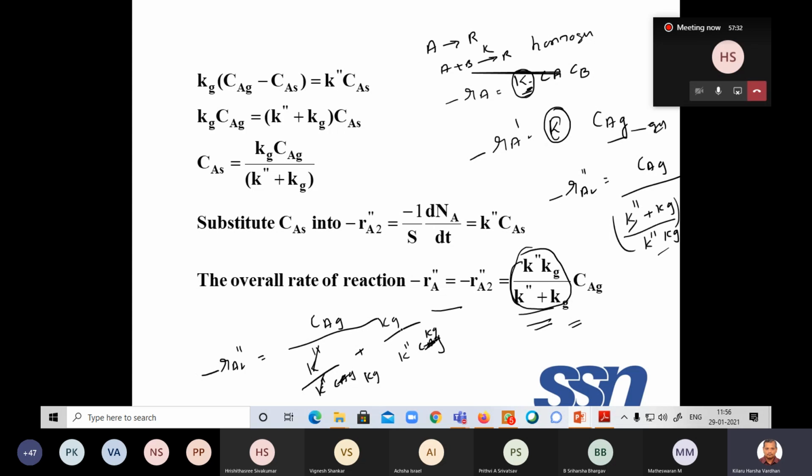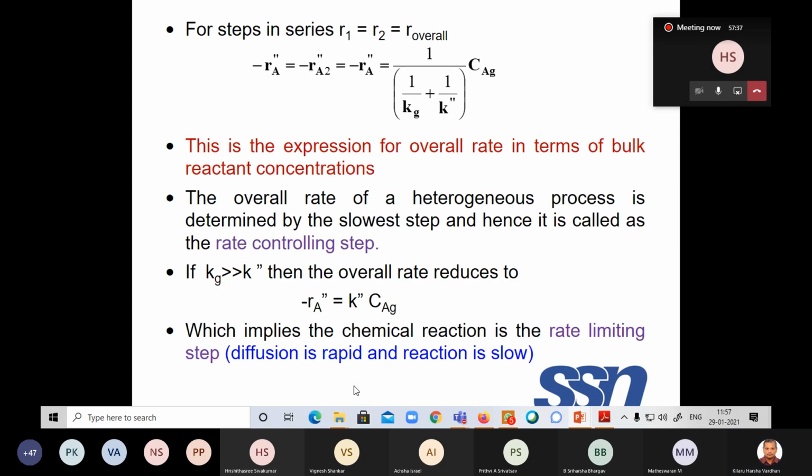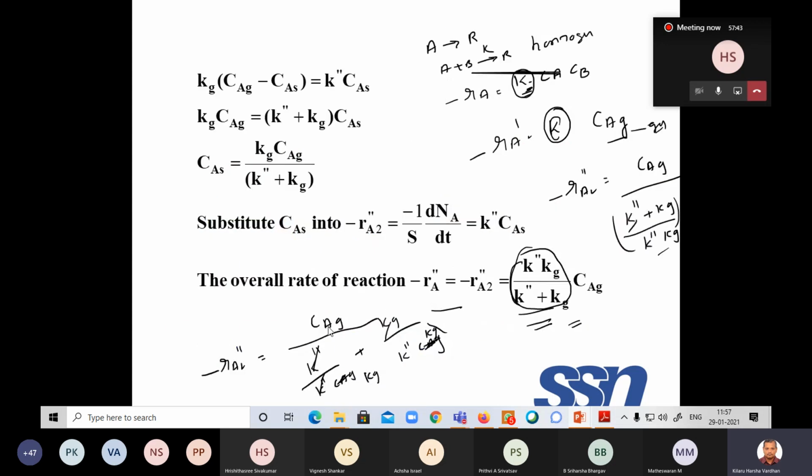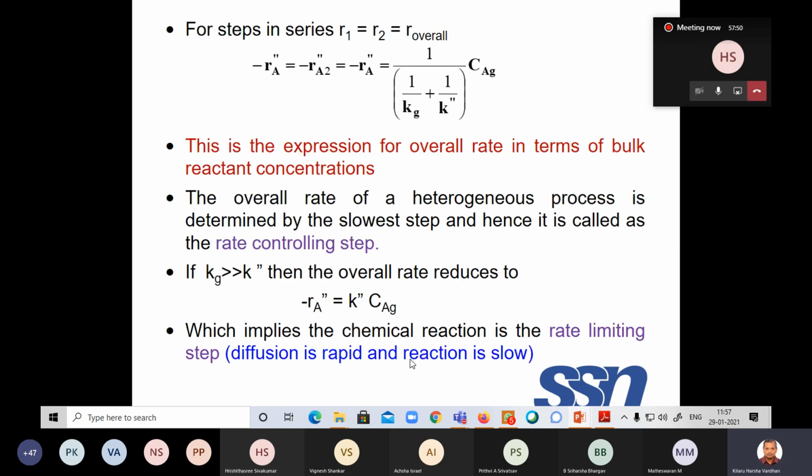So K prime cancels, Kg cancels, and what you are left with is minus 1 by Kg plus 1 by K prime, all multiplied by CAG.